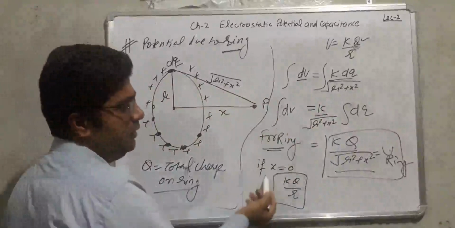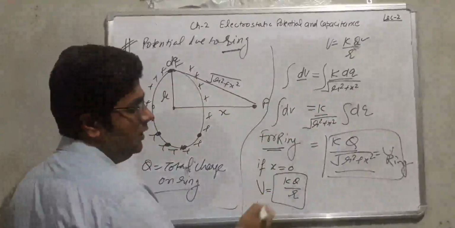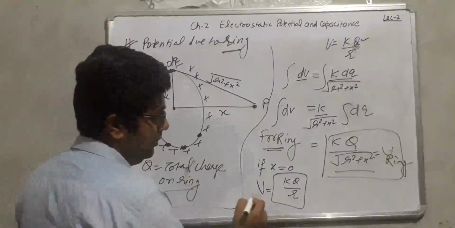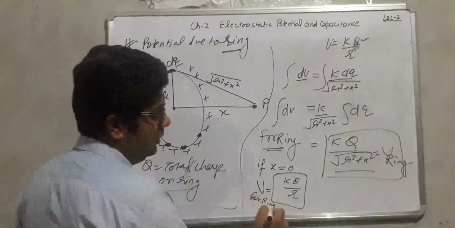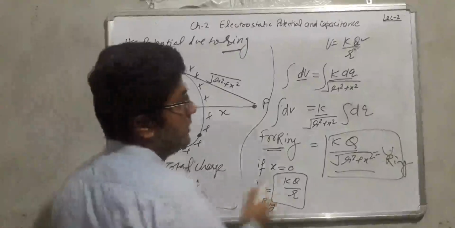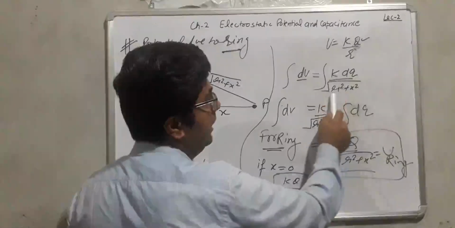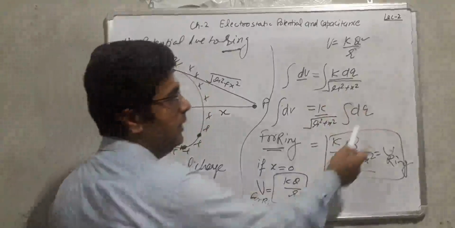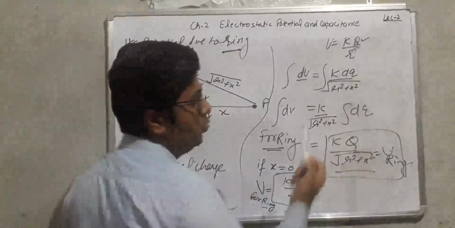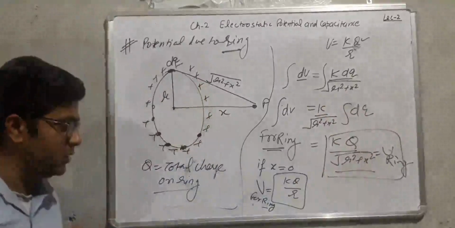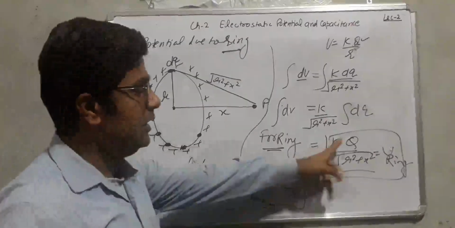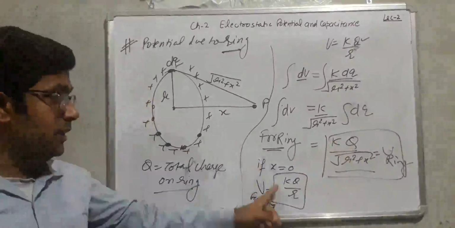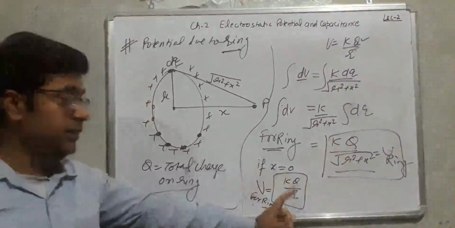So it becomes V for the ring, and it is k by root of r square plus x square. This is a constant part, we can take it common. So dq becomes q, where q is the total charge on the ring. So our answer is kq by root of r square plus x square. Okay, this is a special case. If x is equal to 0, then it is kq by r.